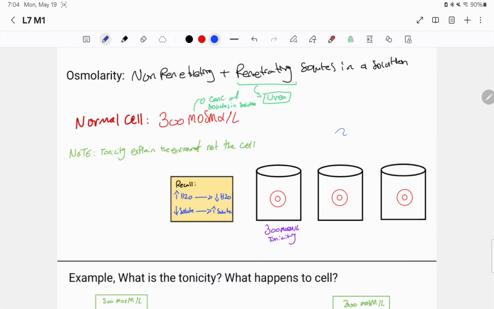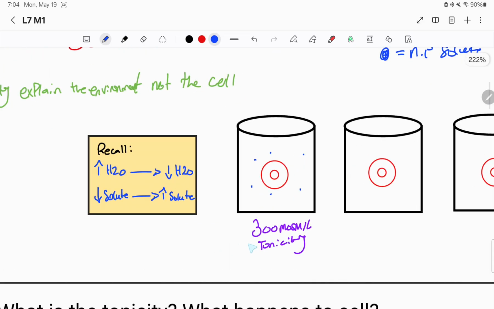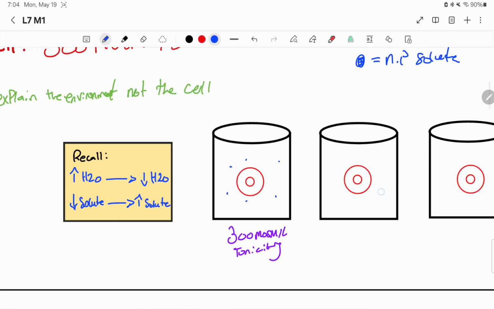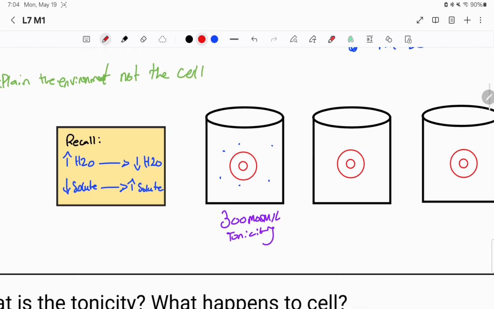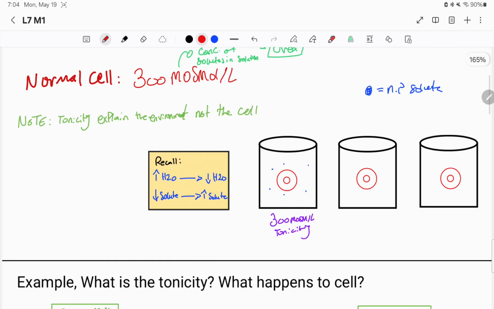So if I could depict the concentration of the non-penetrating solutes, I would do it in these little blue dots. So there are some non-penetrating solutes, but their concentration is pretty much the same inside versus the outside. So will there be any water movement, guys? Yes or no? If you're saying no, then you're absolutely correct.